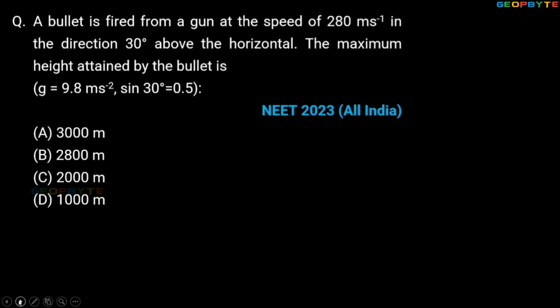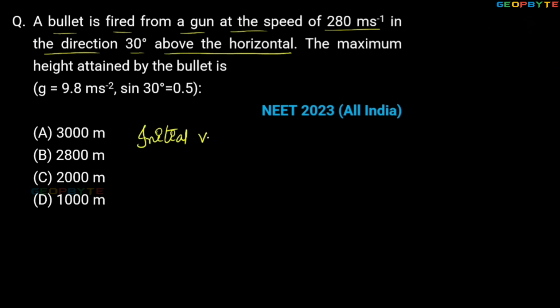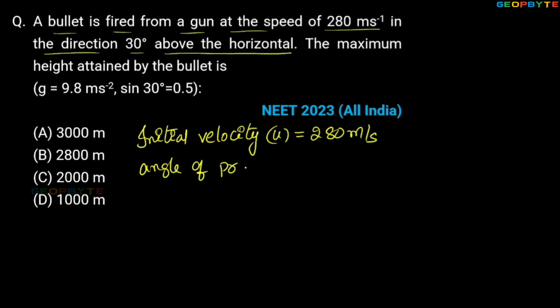Then let us take another important problem. Look at this problem. It is asking like this. A bullet is fired from a gun at the speed of 280 meter per second in the direction 30 degrees above the horizontal. That means initial velocity of the bullet u equal to 280 meter per second and angle of projection theta 30 degrees to the horizontal.